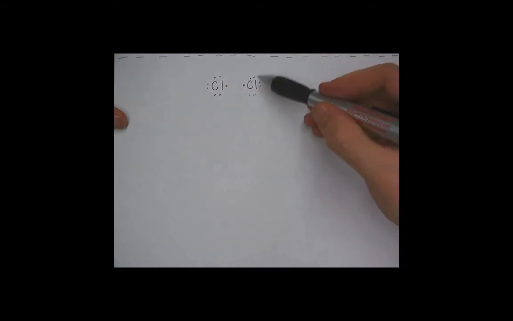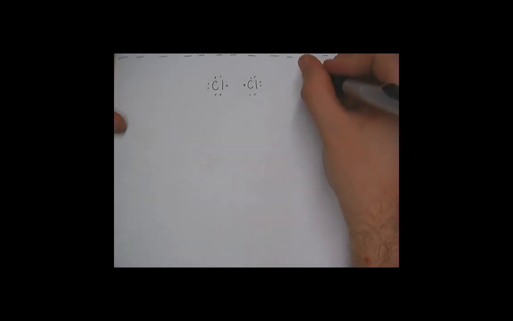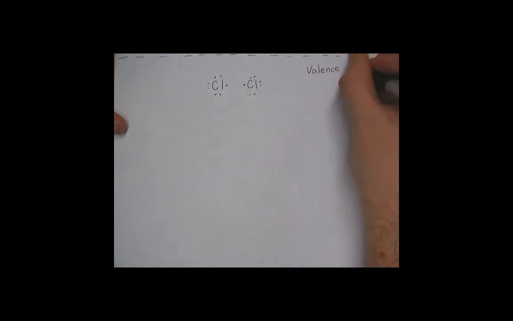You'll notice that I separated the electrons into 4 regions around the chlorine. Now I might ask you, why? Why 4? It goes back to the valence shell. Reflect back over your definition of valence electrons in particular.